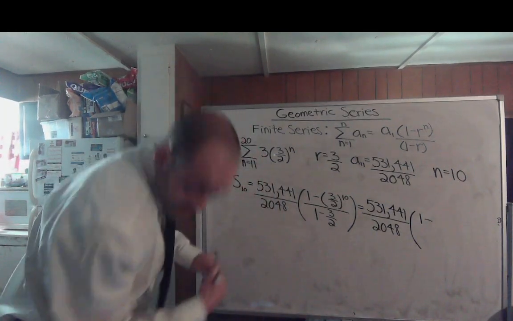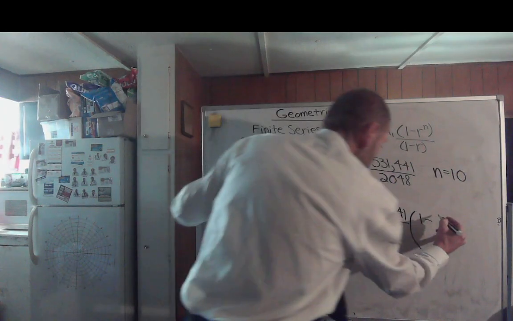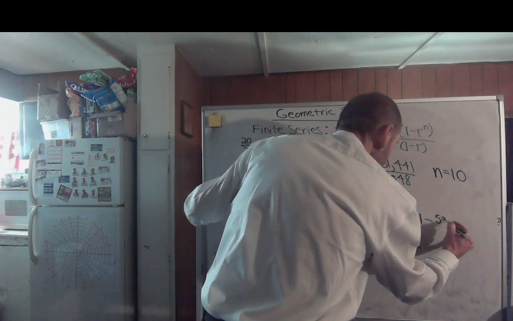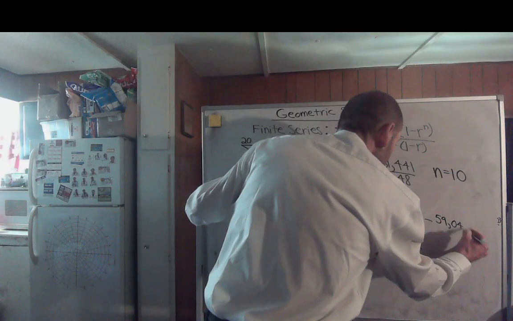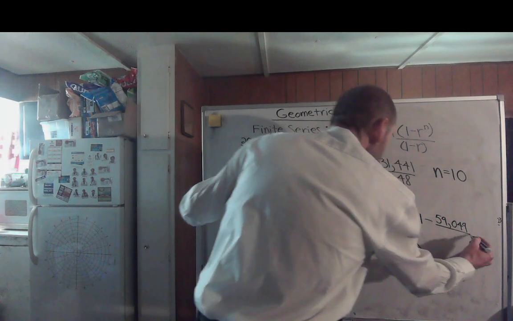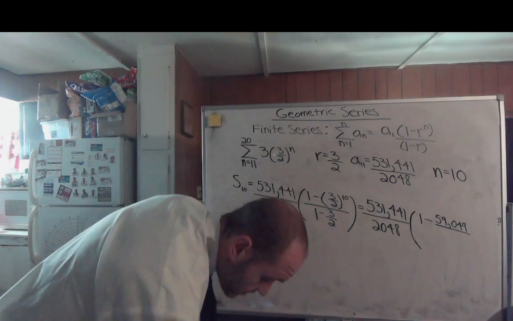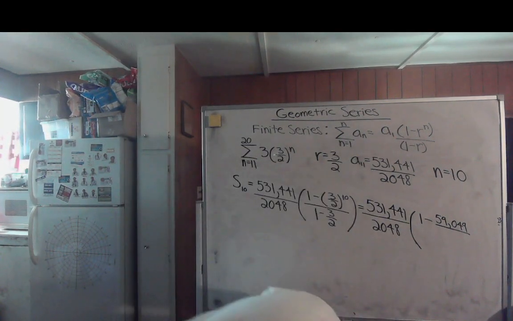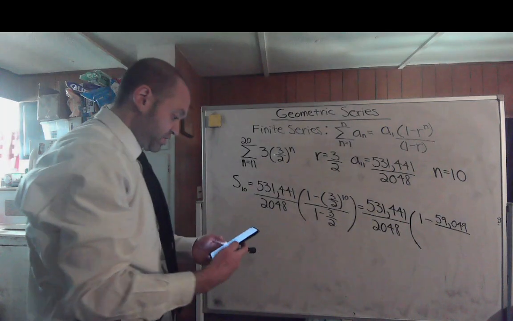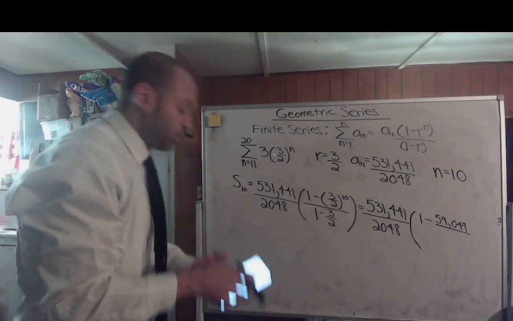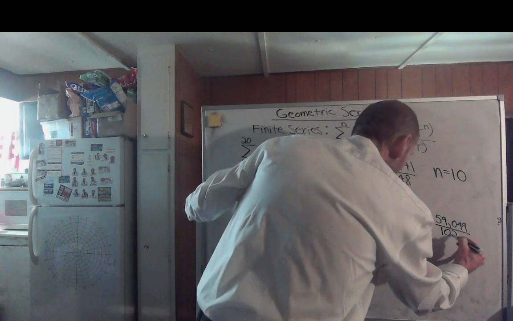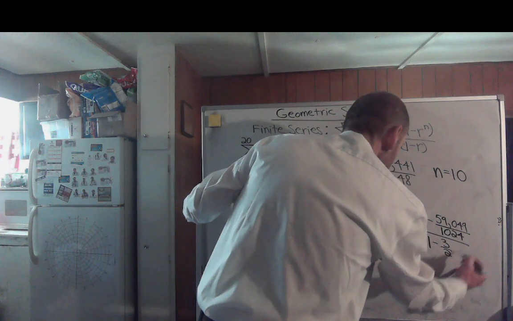So 3 to the 10th is 59,049 divided by 2 to the 10th. Don't drop stuff. What is 2 to the 10th? 1024. All over 1 minus 3 halves.